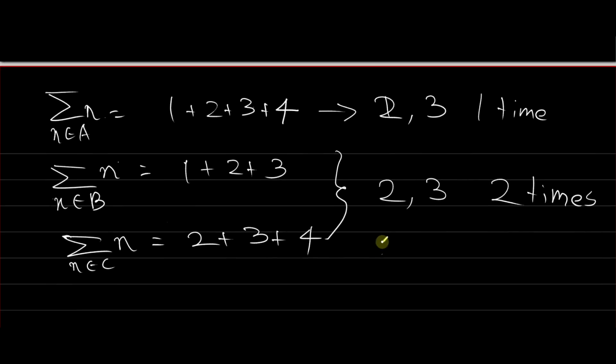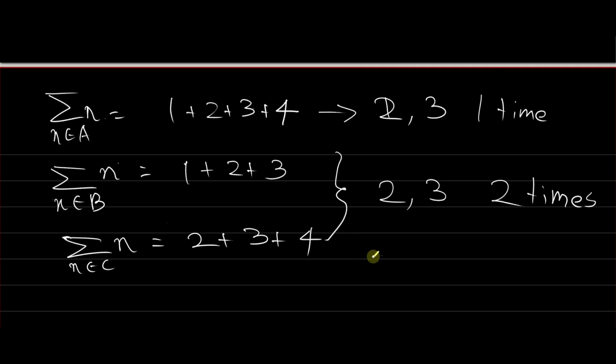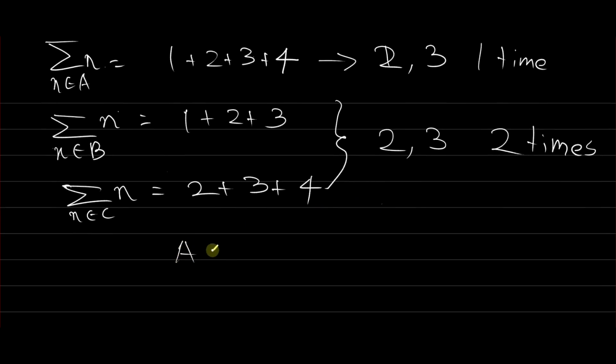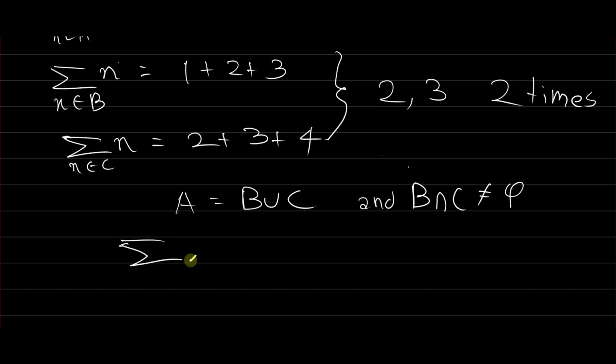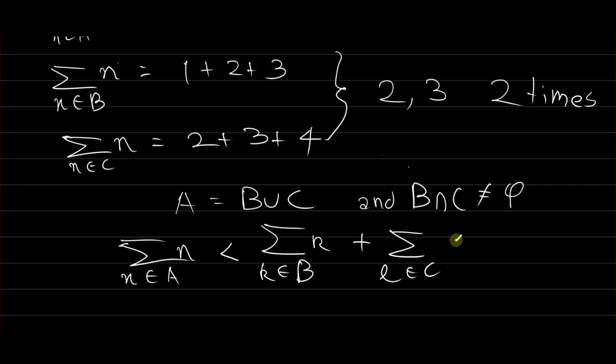So this means that if we try to add all the elements of set A such that it's equal to B union C and the intersection of B and C is not equal to an empty set, we can see that the sum of n belonging to A of n is less than the sum of these two. Let's try another way: the sum of k belonging to B of k plus the sum of l belonging to C of l.